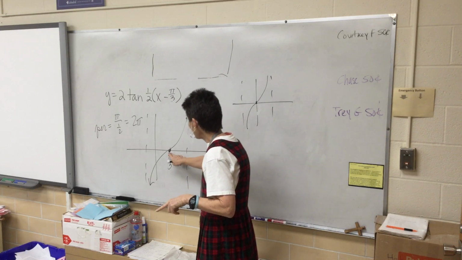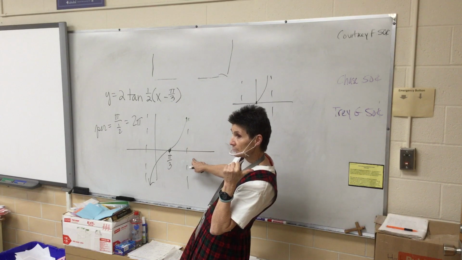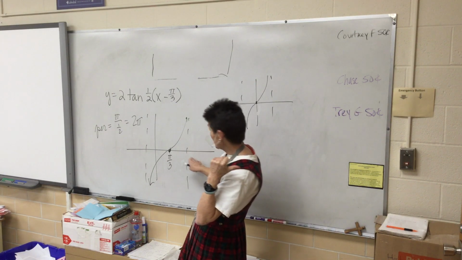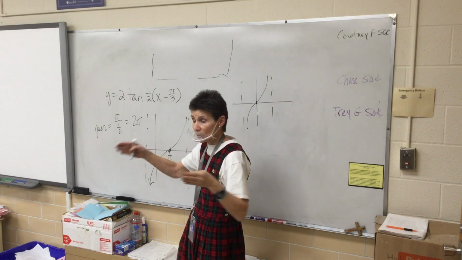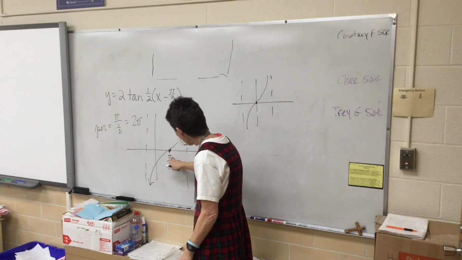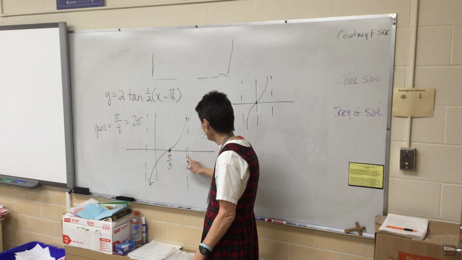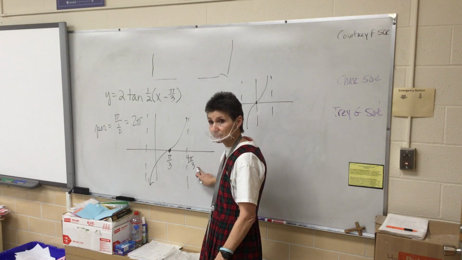So to find these asymptotes, I'm going to do what? Add pi and subtract pi. Won't that give me 2 pi? So I'm going to add and subtract half the period. So if I add a pi to this, that gives me 4 pi over 3. I'm adding 3/3.